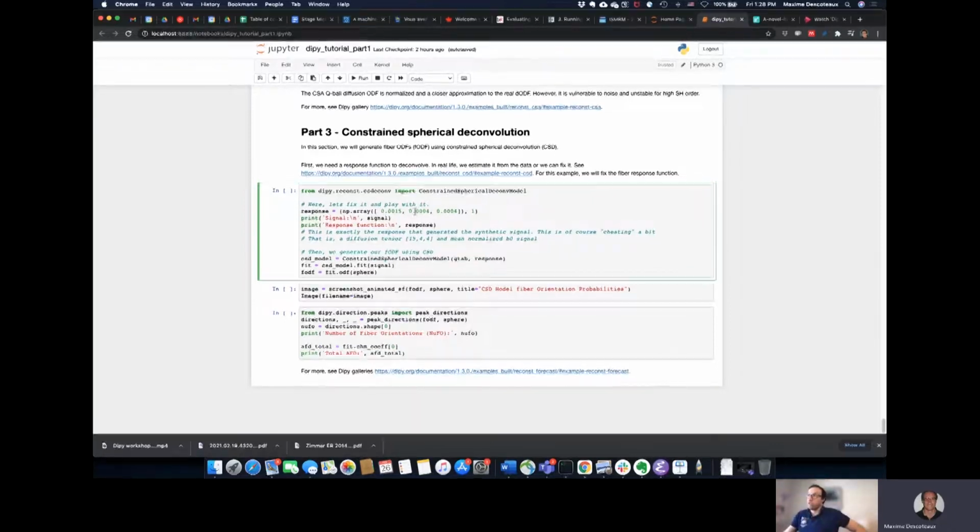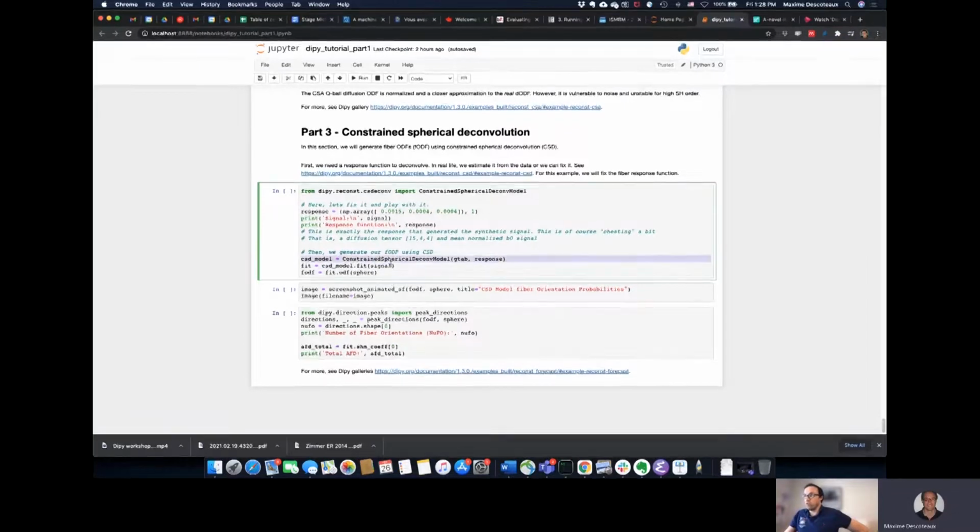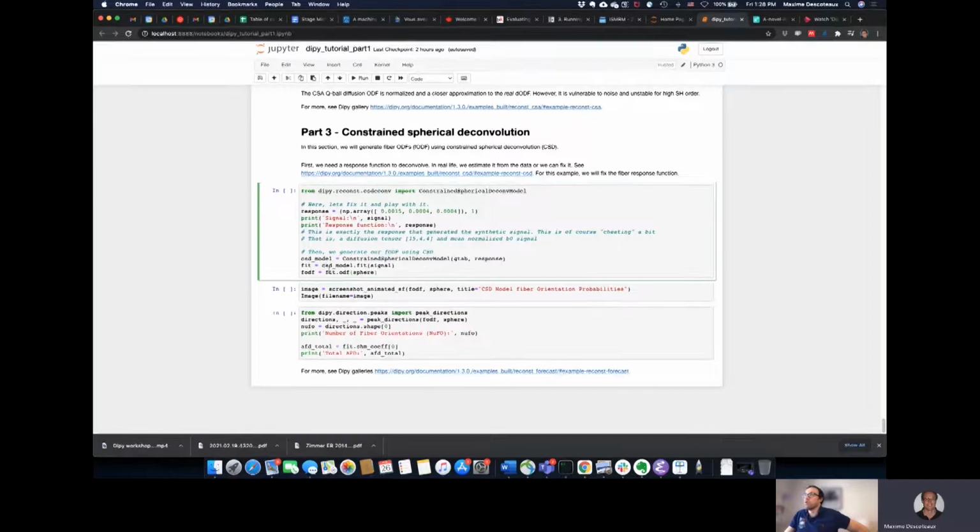The radial diffusivity here is 4, and the length of the principal eigenvalue is 15. Then I'm going to give this response function to the constrained spherical deconvolution model for spherical harmonics order 8 by default, create the model, fit the model, and extract the fiber ODFs.